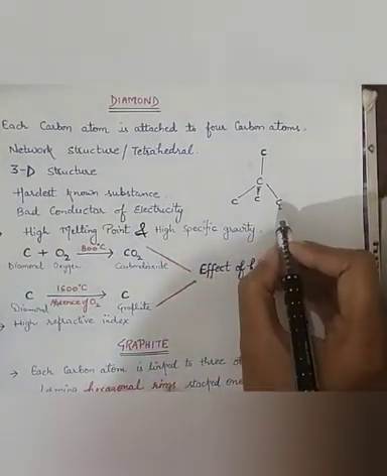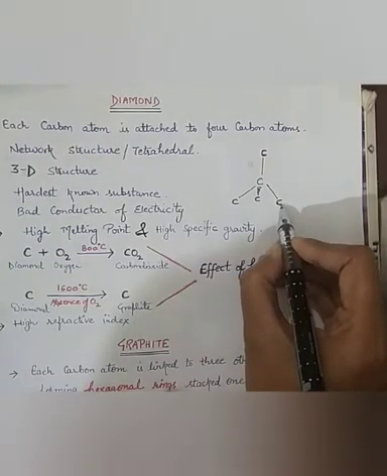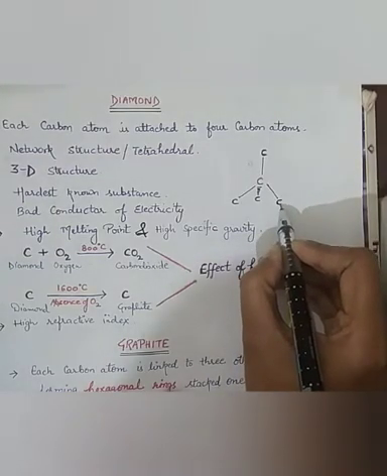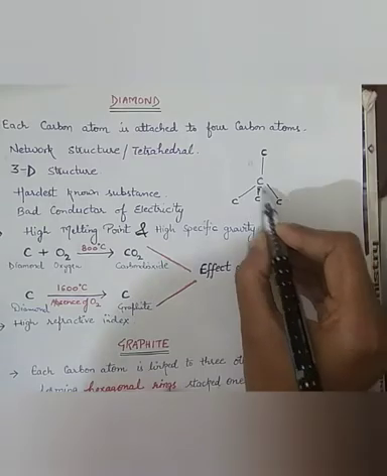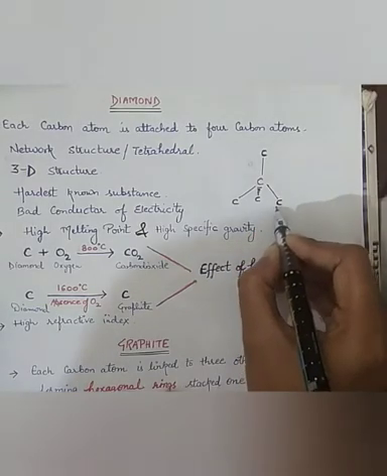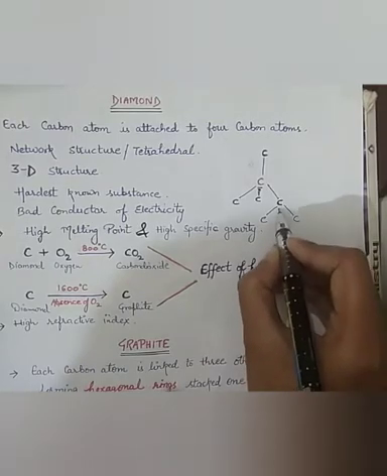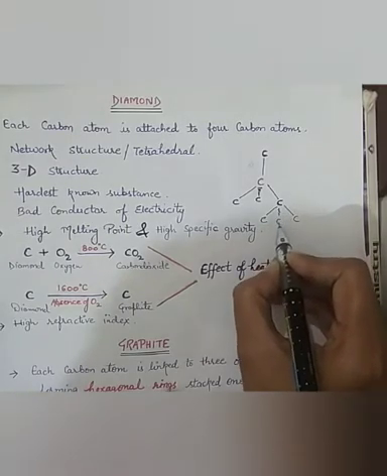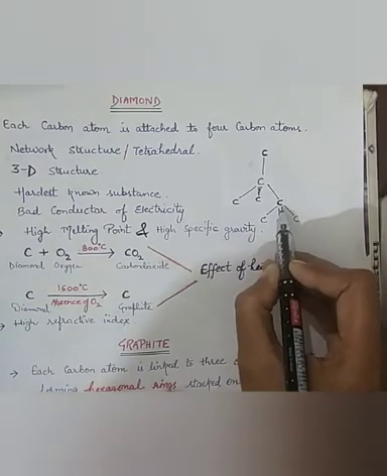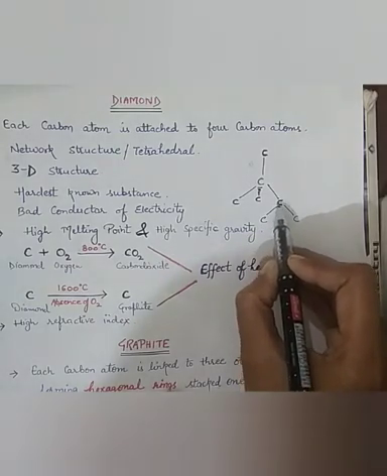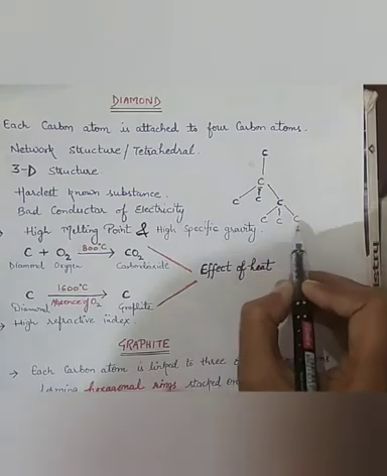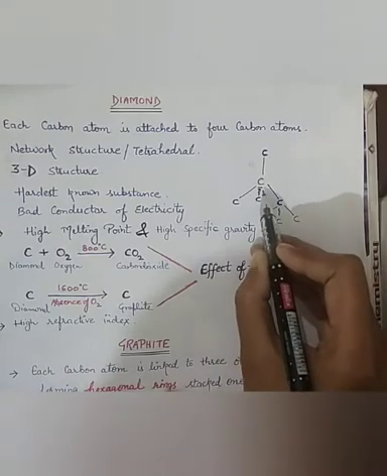Suppose you take this as a centrally located carbon atom. Now this is attached to 1 carbon atom, this one. Secondly, you can make it like this. Third, this one, and fourth, this one. So now this carbon becomes the centrally located carbon atom, and it is surrounded by 4 other carbon atoms, that is 1, 2, 3 and 4.